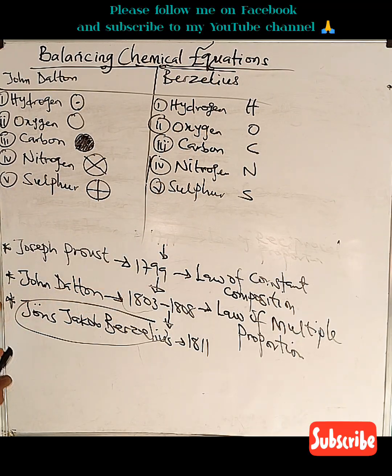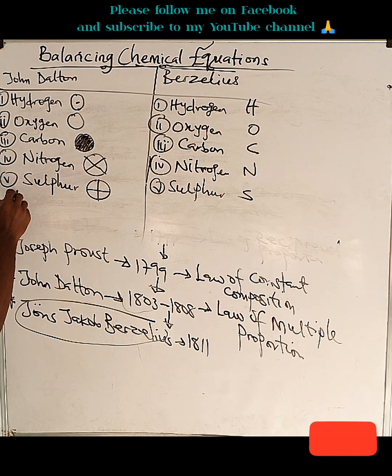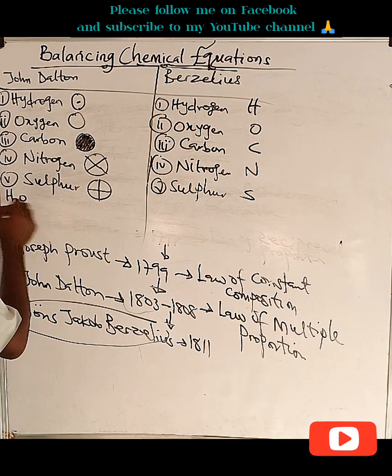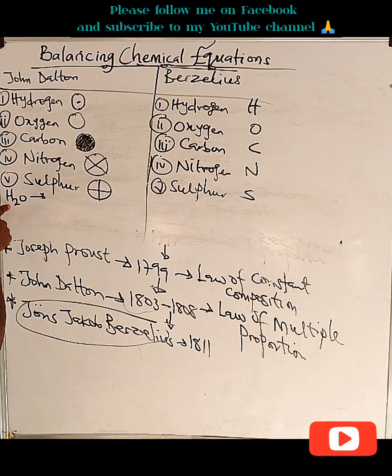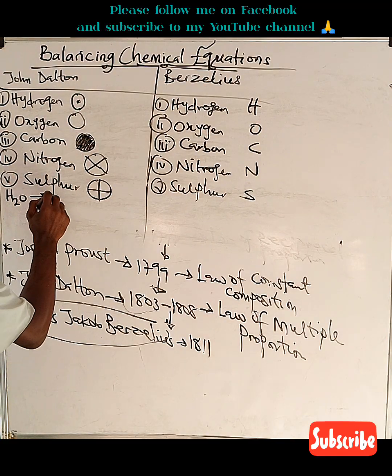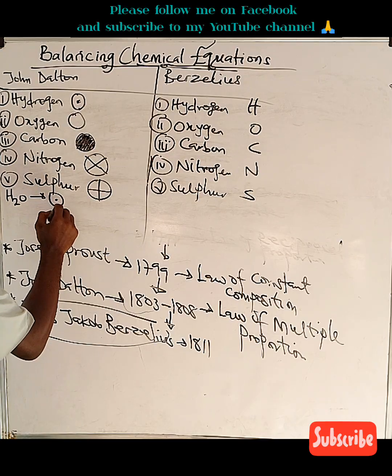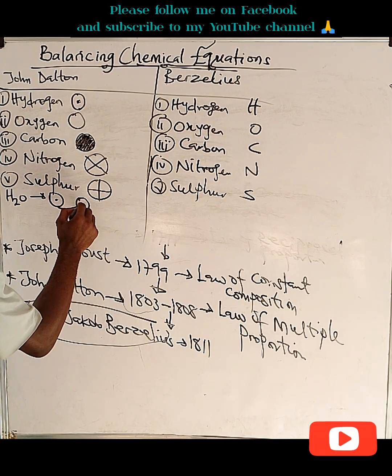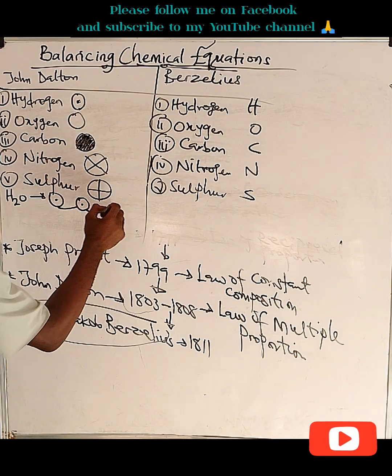Just imagine back then, if the chemical compound water, H2O, was to be written, it was written like this. We have two atoms of hydrogen, which is this, hydrogen connected with another hydrogen, then with one oxygen.